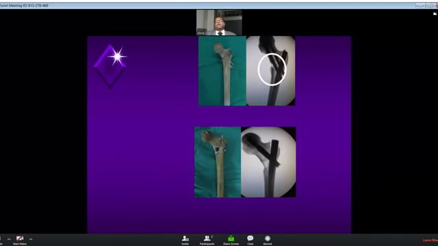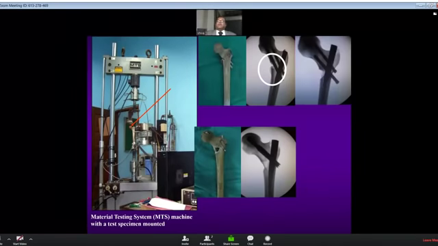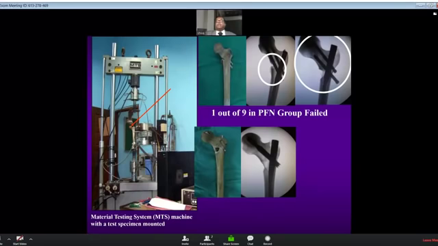This is the gap he has created, and these bone models were tied over a testing machine for repeated loading. And friends, the final result was only 1 out of the 9 in the PFN group failed, where he had used 2 screw system.